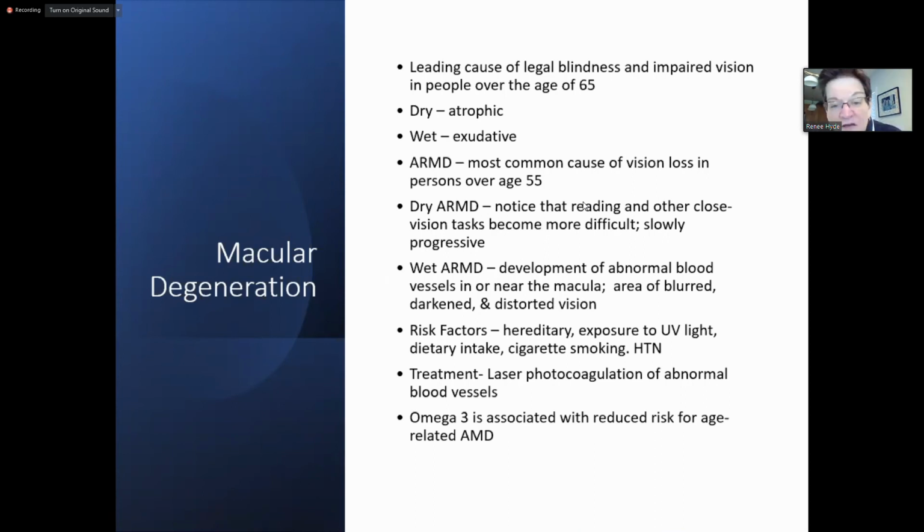The risk factors, it is a hereditary process. So if your mom or dad had AMD, the chances are likely that you will as well. Other things that increase the risk are exposure to UV light, dietary intake that's lacking in vitamins and minerals, cigarette smoking, and hypertension.